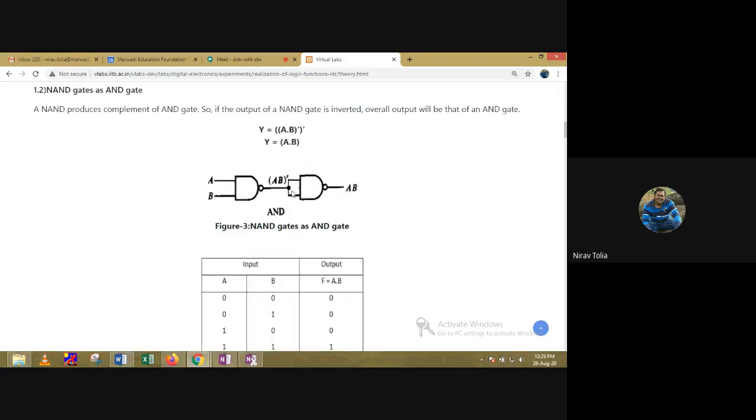Here I am doing the same thing, connecting this as a NOT gate. So the effect of this bubble and this NOT both cancel out. So finally, what we have is the AND gate only. So this is the figure of the AND gate by using a NAND gate.